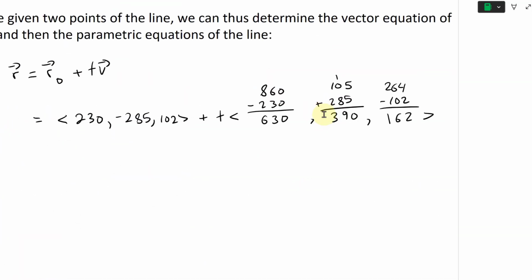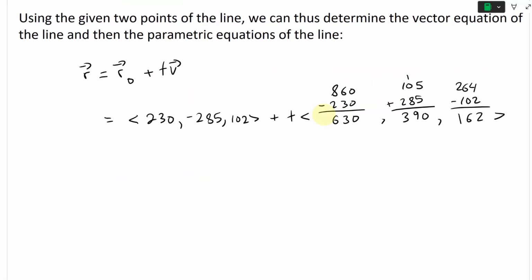All right, so that's our vector equation of a line, but we can get the parametric form by taking each component individually.